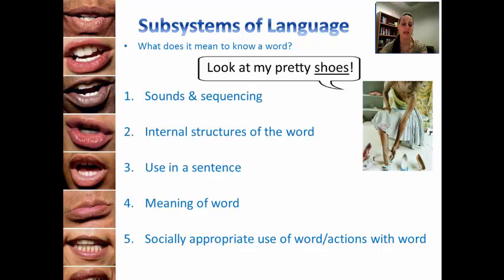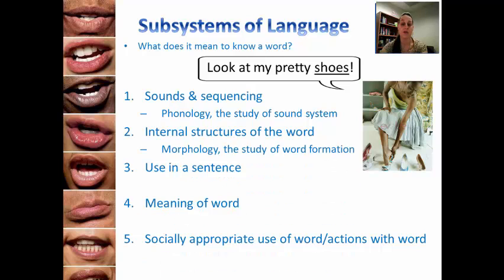Sounds and sequencing represents phonology, what we're going to study today, which is basically the study of the sound system. The internal structures of the words make up morphology, which is the study of word formation, or the ways in which we put different parts of words together.